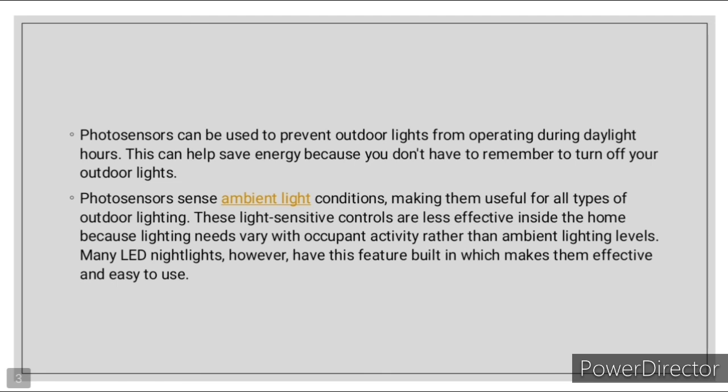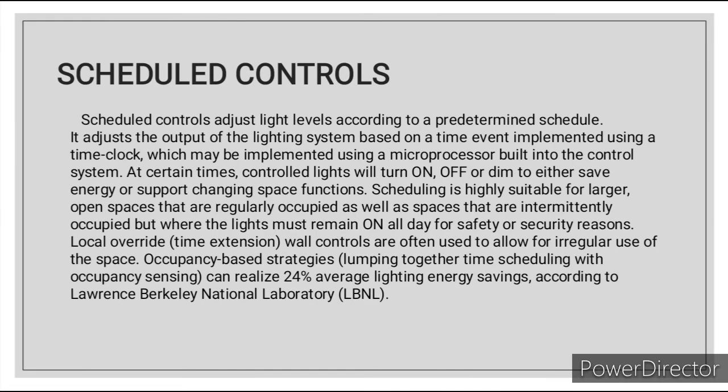These light-sensitive controls are less effective inside the home because lighting needs vary with occupant activity rather than ambient lighting levels. Many LED night lights, however, have this feature built in, which makes them effective and easy to use.